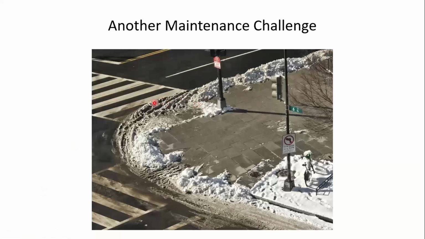But notice, and this was 3 or 4 days after the storm, the connection here between the sidewalk and the street. The crosswalk had been cleared at some point, but due to continued snowfall or continued plowing of the roads, the windrows of snow accumulated again and made it very difficult, and I would argue inaccessible, for someone with a mobility impairment to travel between the crosswalks and the sidewalk.